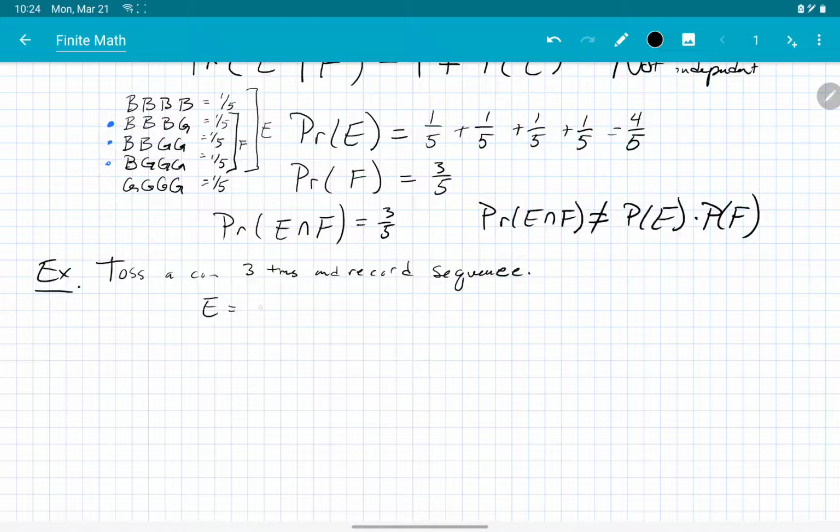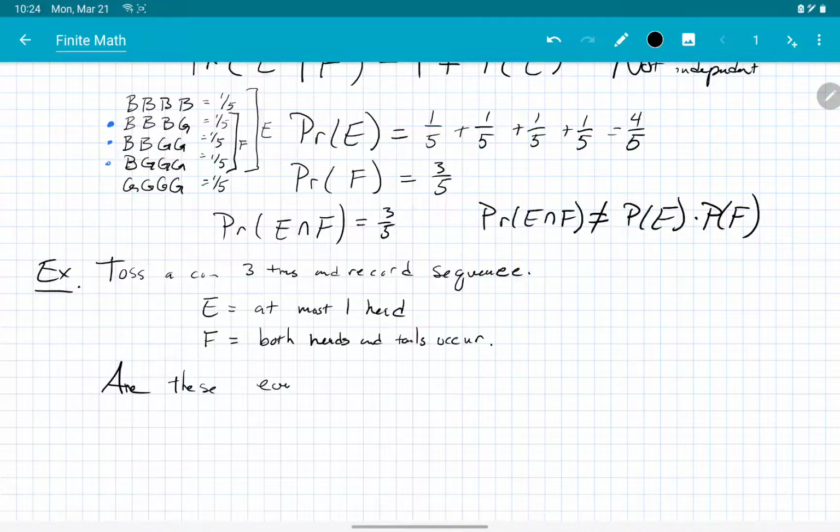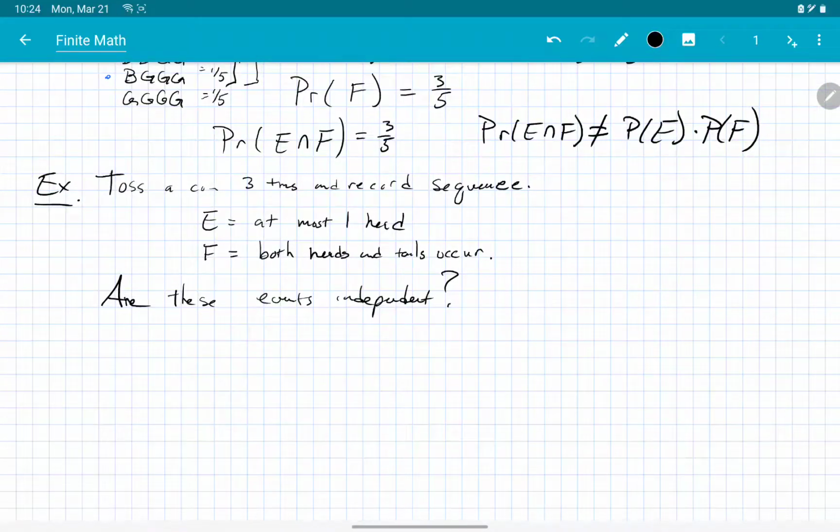If E is the event at most 1 head and F is the event both heads and tails occur, then we can ask ourselves, are these events independent?